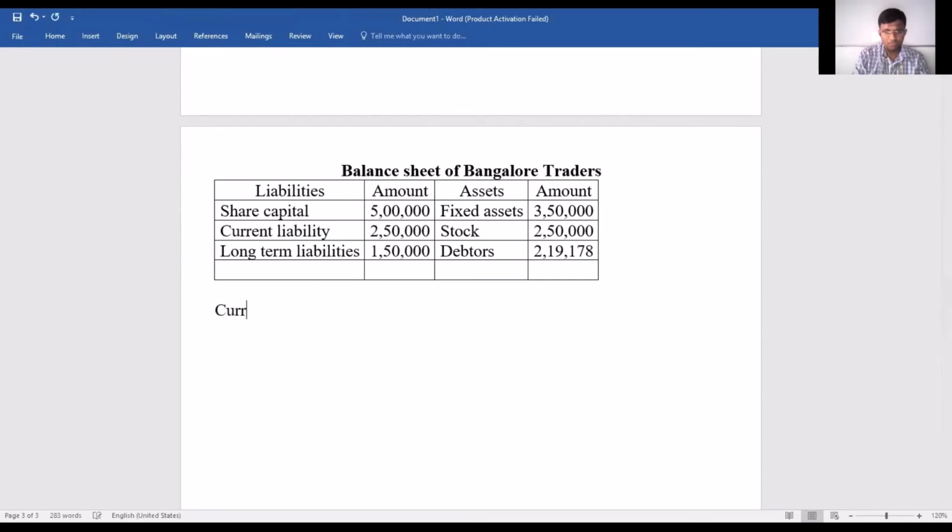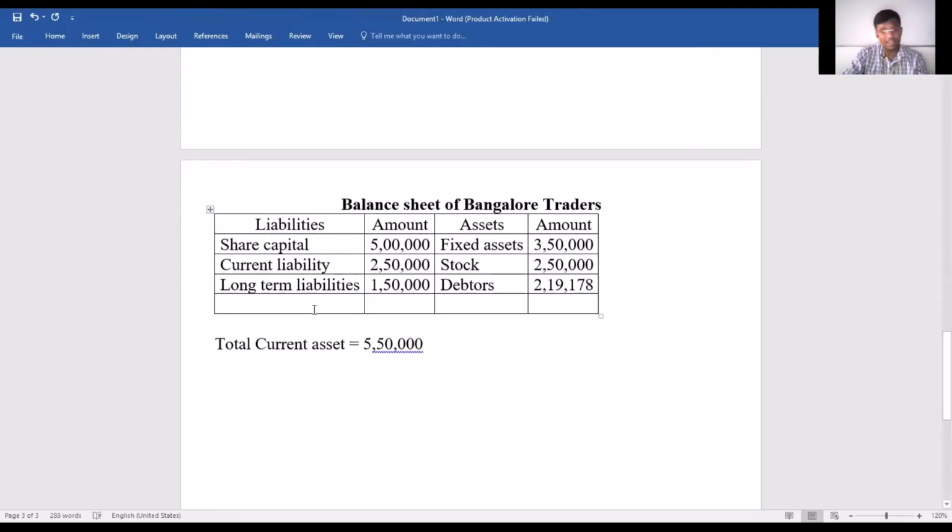We know that the total current asset here is 5,50,000. What we also know is that in this particular firm, the total current asset comprises stock plus debtors, plus we need one more item, and the sum total of these three should be 5,50,000.